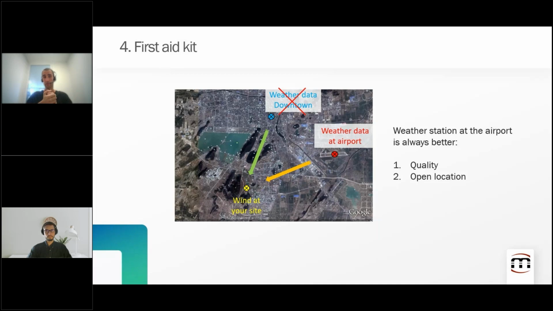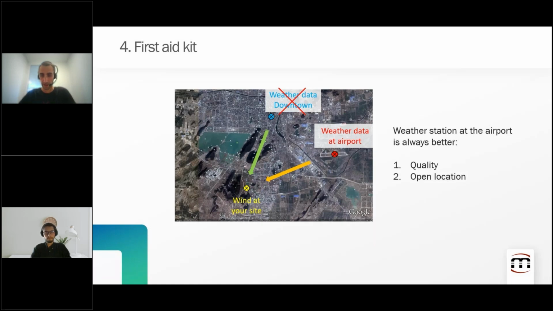If you are looking over 10 years, the buildings may change, so the wind data will be affected by those buildings and their changes. That's why you should always pick a weather station at the airport.